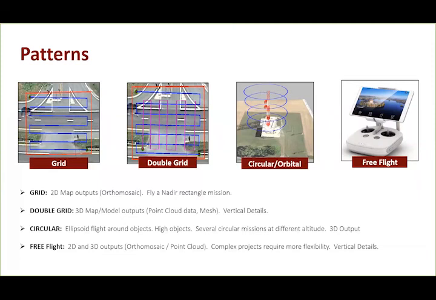Most often than not, it's an orthomosaic TIFF file. So you're flying a mission that's rectangular through a corridor, and the nadir images, otherwise vertical, straight down, you're collecting as you proceed through the grid pattern.